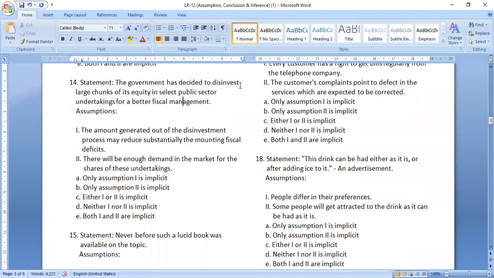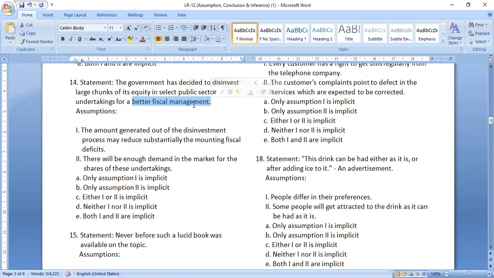It says that the government is going to disinvest large chunks of its equity in select public sector undertakings for a better fiscal management. So what it says here is that the amount generated out of the disinvestment may reduce substantially the mounting fiscal deficit. So better fiscal management is trying to reduce fiscal deficit, right?